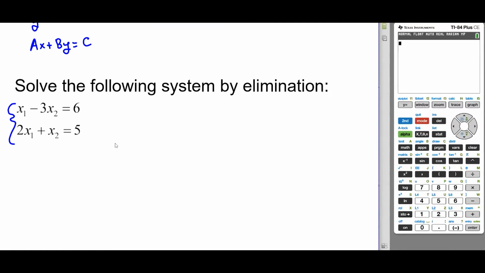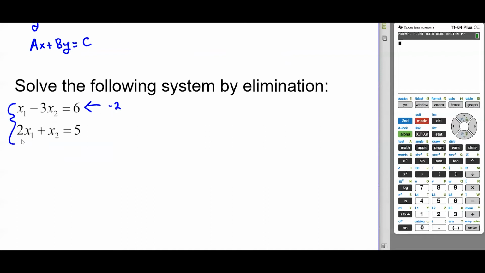If I'm going to solve this by elimination, I need to multiply the first equation by -2 so I can add -2 and +2 and eliminate this variable from the second equation. I could also multiply the second equation by +3, and I could eliminate the second variable. Okay, so there's not one way to do this, but I'm just going to do it this way first.